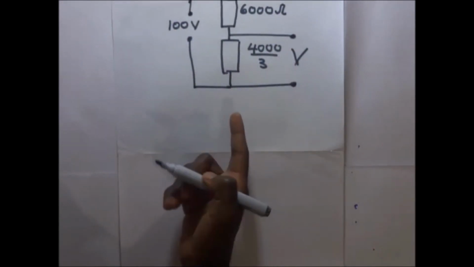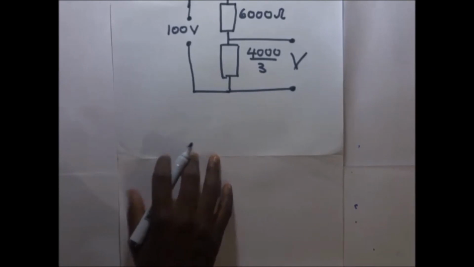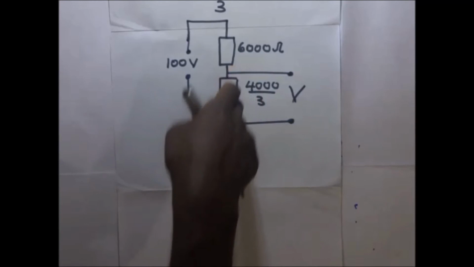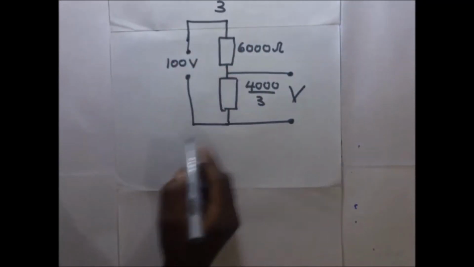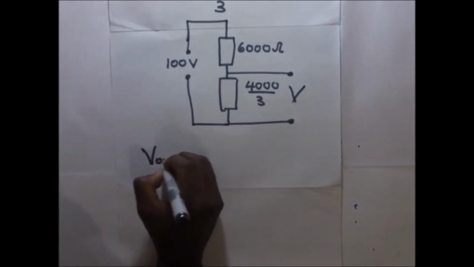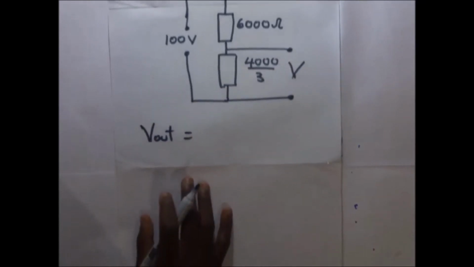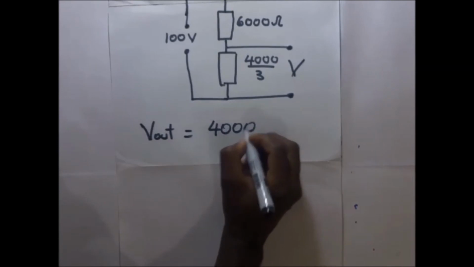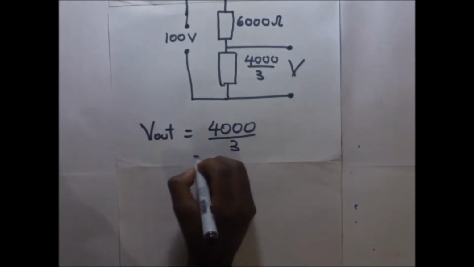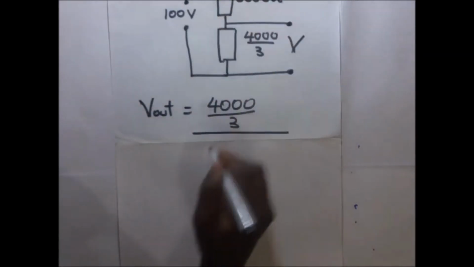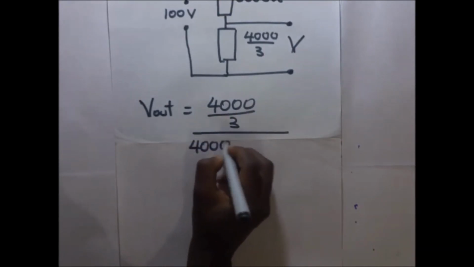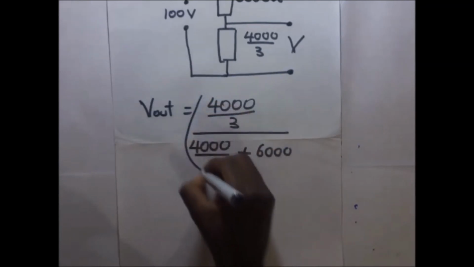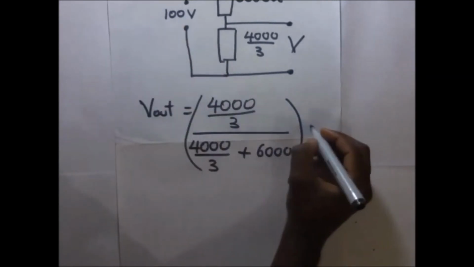So we apply our equation that we had derived before: this resistor, divided by this plus that, times the input voltage. So this voltage output is going to be equal to 4,000 over 3, divided by the total, which is 4,000 over 3 plus 6,000, this whole thing multiplied by 100.